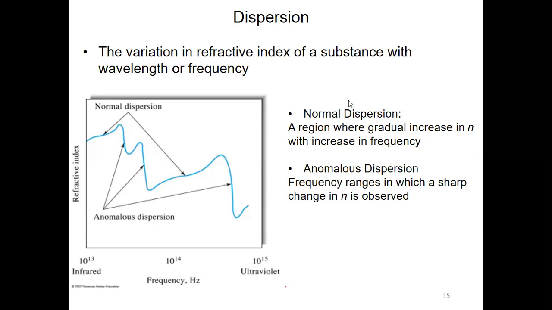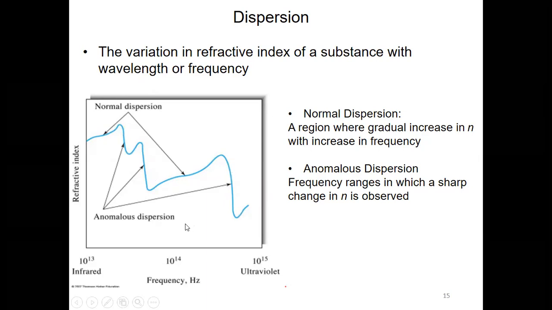Is that clear? So in both cases, we can use it. Yes, if it is not a gradual change, or if it is a sharp change in the refractive index, we can say it's anomalous. But normally, in most cases, you will see these decreasing patterns, right?